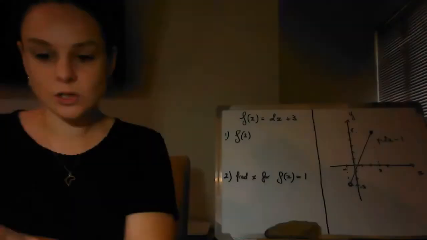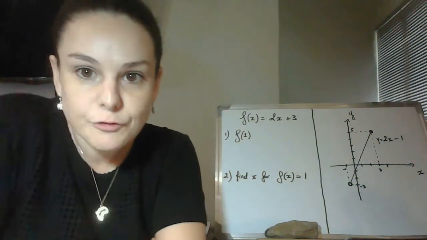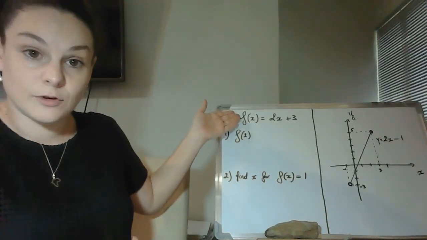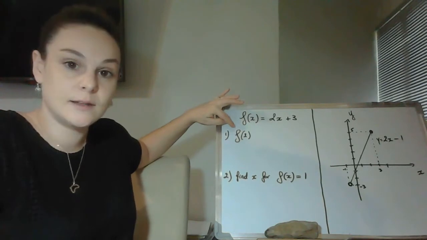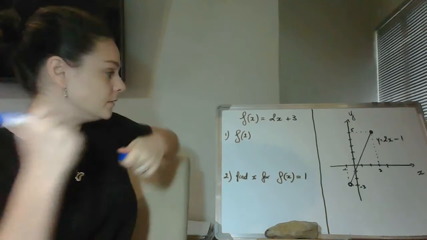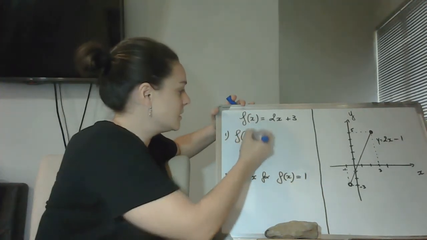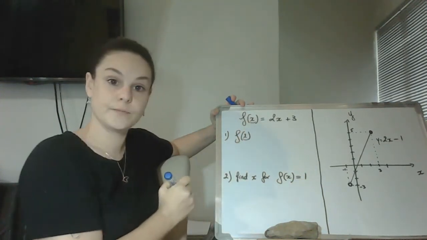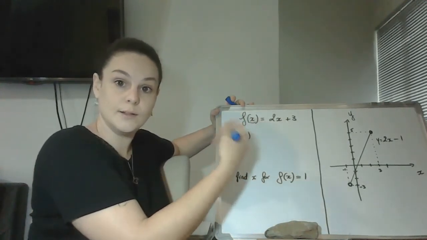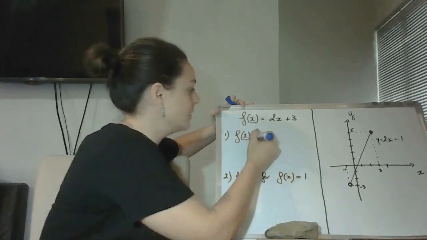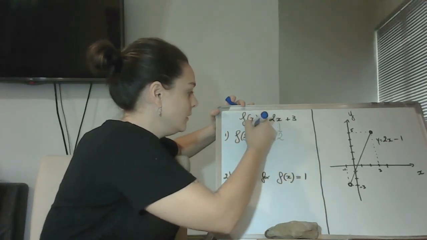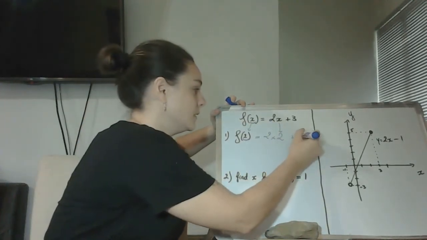Alright, so now the question would be, find f of 2 for this equation. So here, f of x equals 2x plus 3, and you want to calculate f of 2, which means that the x value here, this x, is 2. So that's easy, you just substitute the x with a 2 and you calculate the function value. So that would be 2 times 2, because the x is a 2, plus 3.